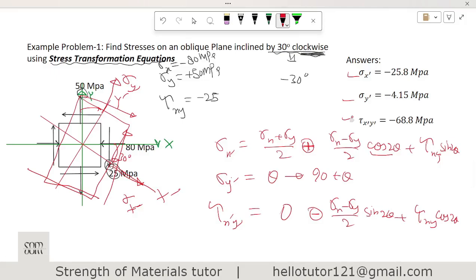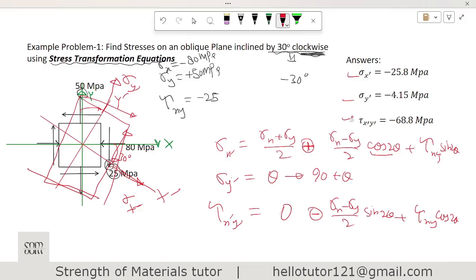So it is (sigma x plus sigma y)/2, it is (minus 80 plus 50)/2, plus (minus 80 minus 50)/2 times cosine of minus 2 times 30. 2 times 30 is 60, so it is minus 60, plus minus 25 sine of minus 60.